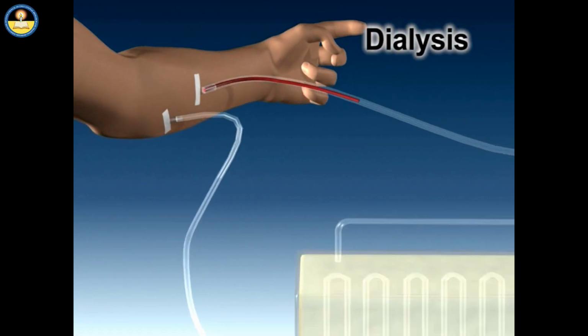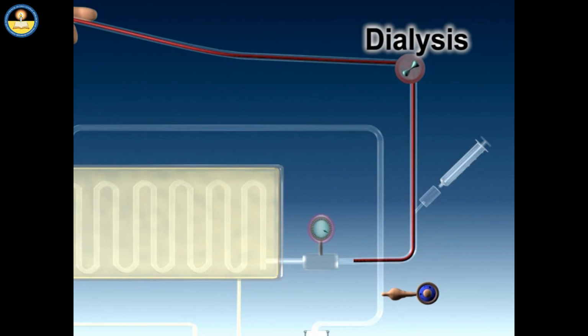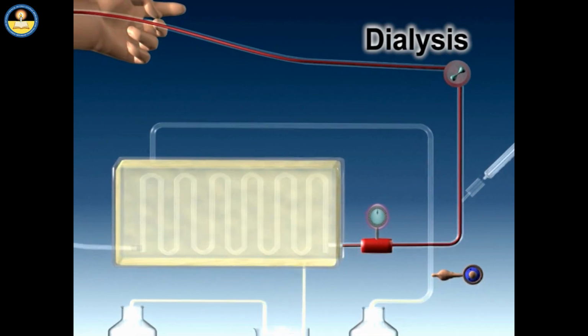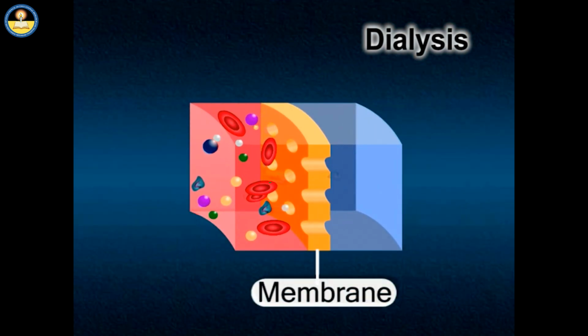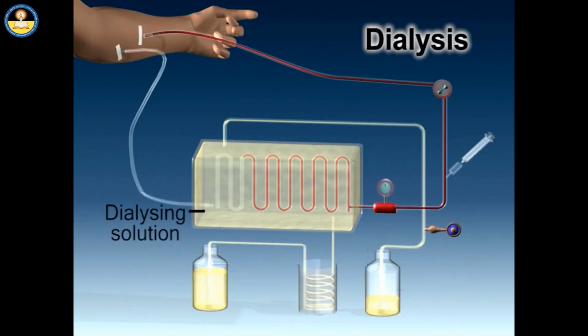In this filtering system, the blood flows through tubes made of a membrane that allows the waste products that are much smaller than blood cells to pass through it. The waste products pass through the membrane into a dialyzing solution and then out of the machine. The clean blood is carried back safely to the body.